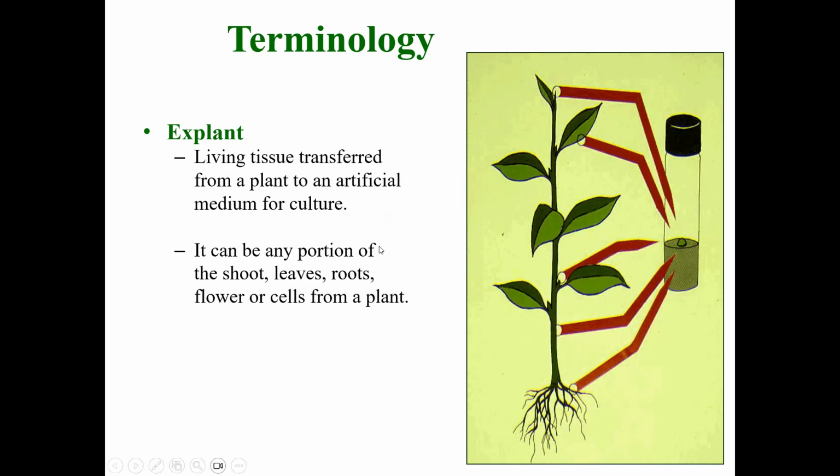It can be any portion of the shoot, leaves, roots, flower, or cell from a plant. Okay? Now you understood what is an explant. Explant means the part of the plant which we place on the culture medium to grow and get new plants. So the explant in tissue culture is very important.